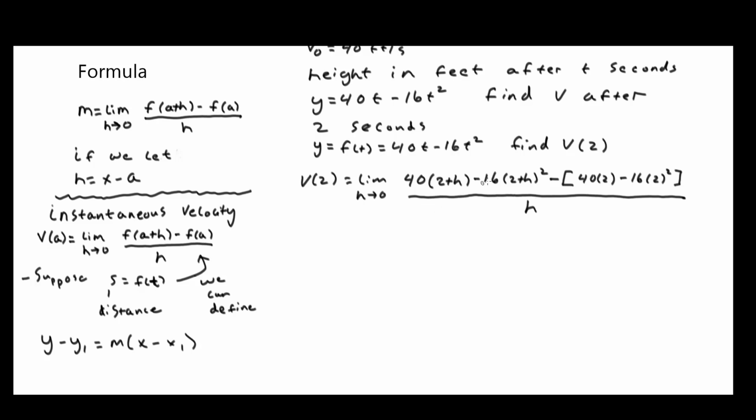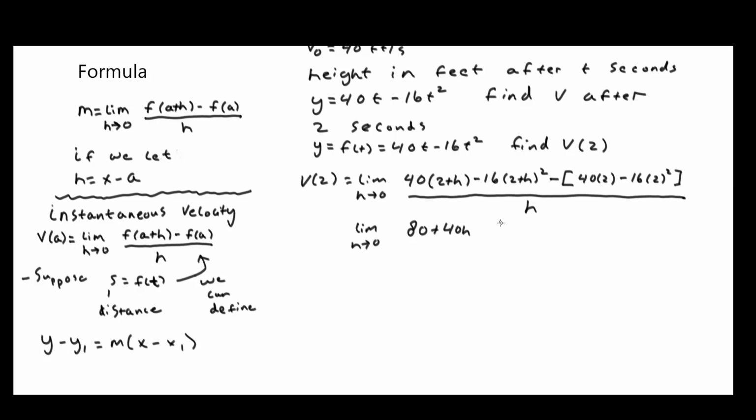Now we're going to go ahead and just distribute. We'll distribute this out, and then we can expand this and then distribute it with the negative 16. So we'll do that one step at a time here. So we have our limit here. Then we'll have 40 times 2 is 80 plus 40h.